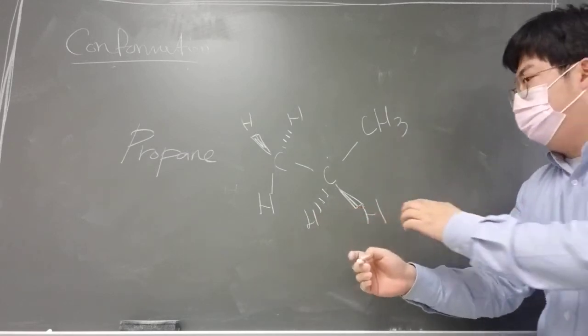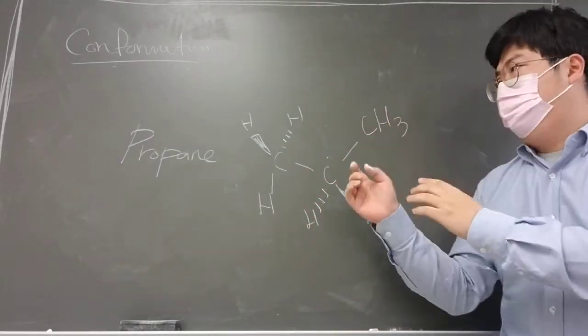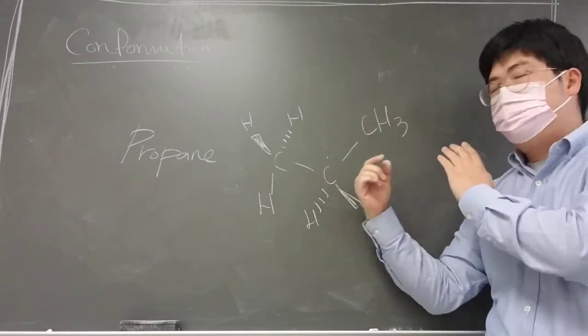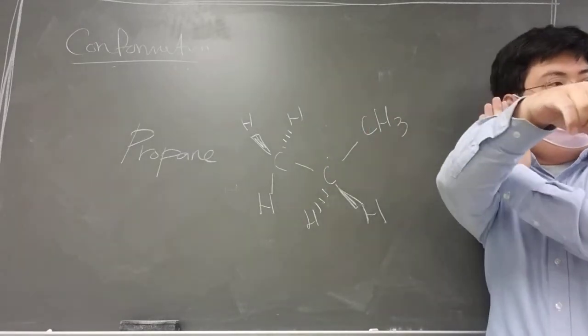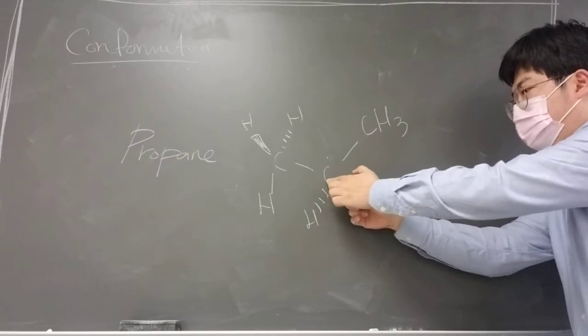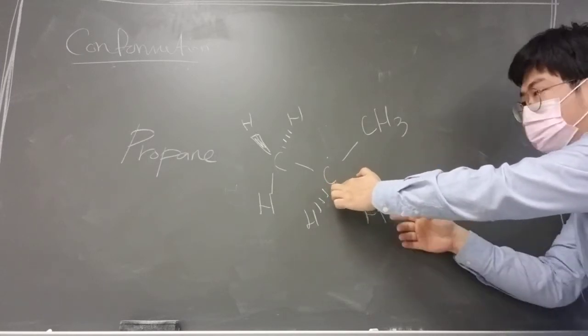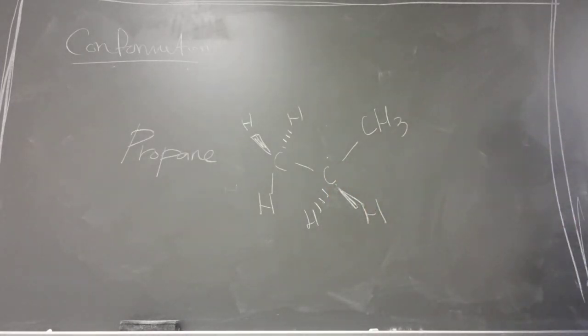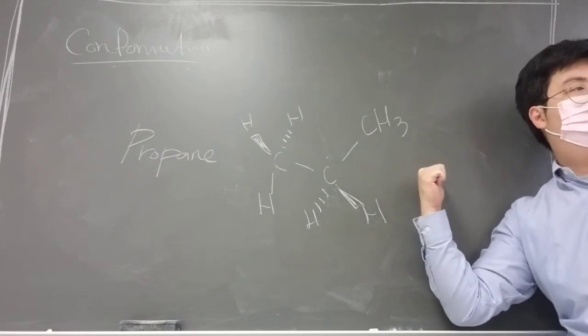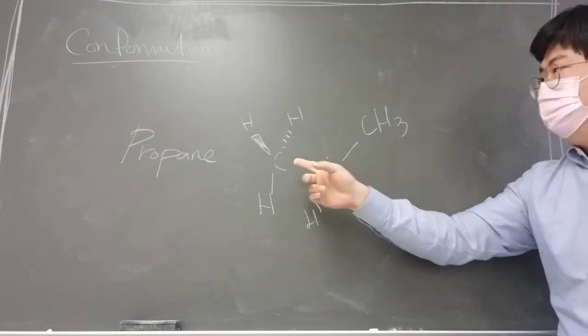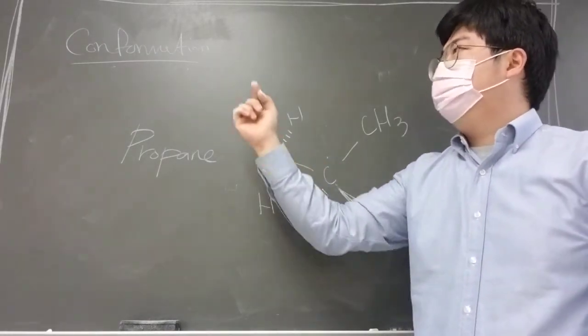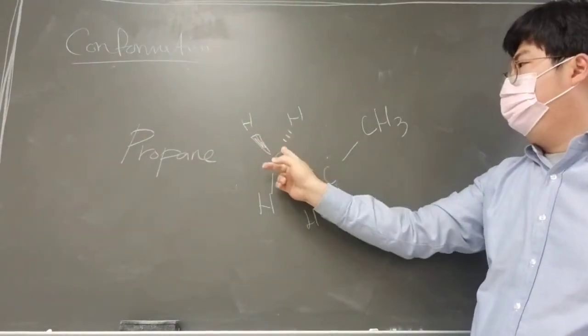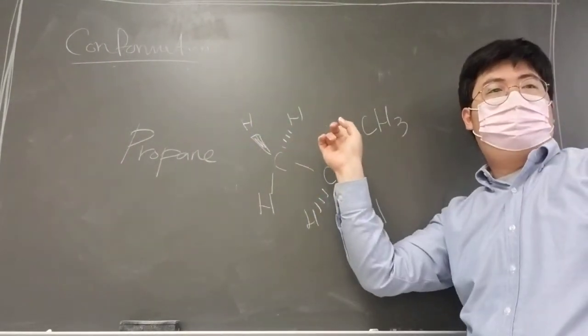Kind of. If this is the plane, the wedge bond is going forward. So this bond is not on the plane of your backboard, but is coming toward you. The dot is going to the back side of this wall. Same thing here: this hydrogen comes this way, and the dotted line goes to the back side of this room.